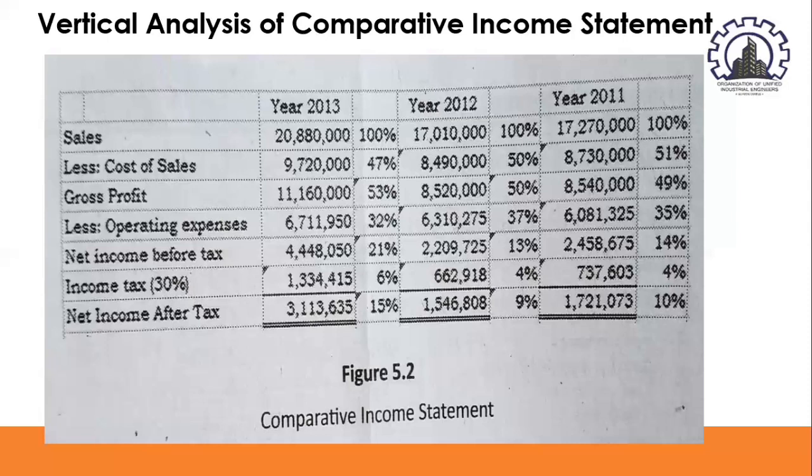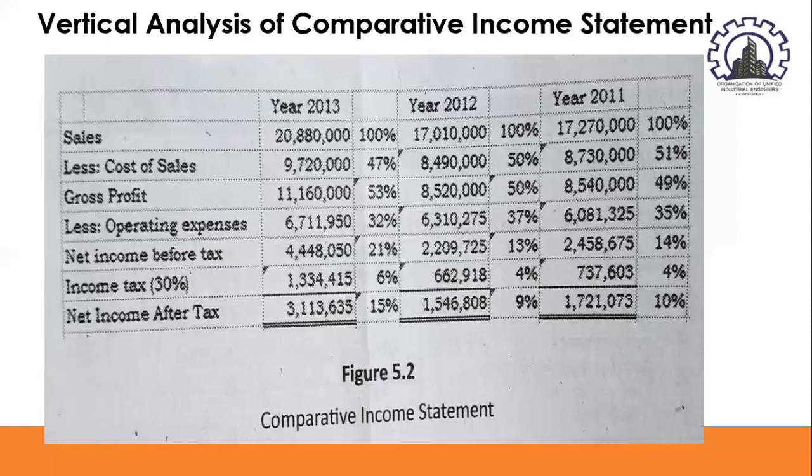After the computational aspects, we need to analyze and observe the rise and fall of percentages from year to year. In year 2011, the cost of sales is 51% and its operating expenses is 35%. In year 2012, the cost of sales is 50% and its operating expenses is 37%.